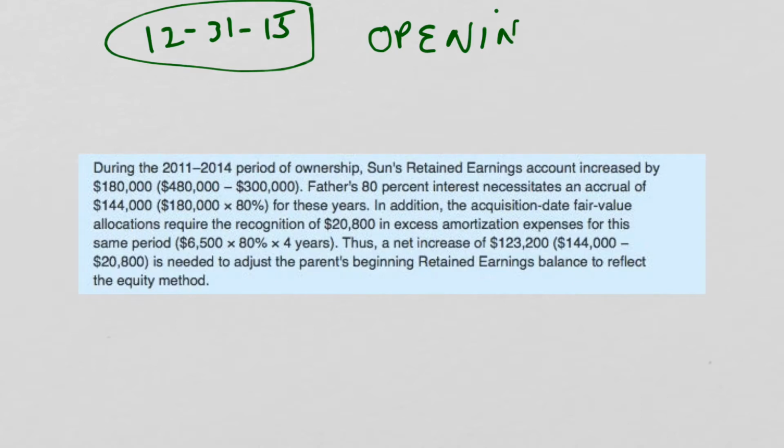So that's why we're going to be bringing up to date our investment account on Father's books, on the consolidation worksheet only, to the equity method. And the way to do it is, do you remember how I said that it's called the equity method because we're following the change in the equity of the subsidiary? So indeed, we're going to look at the change of the equity of the subsidiary during the years in question.